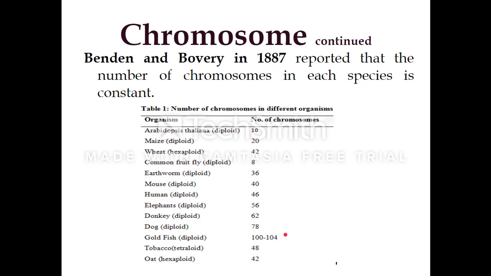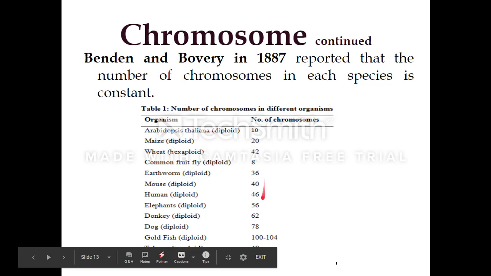So this chromosome number is species specific. This table represents the name of the organism and their chromosome number.